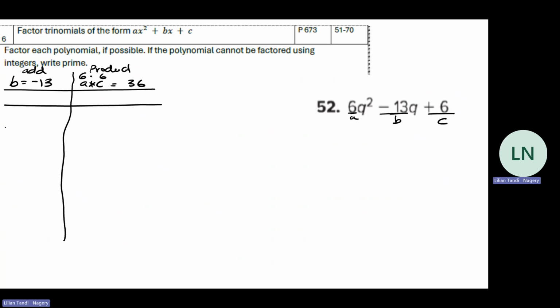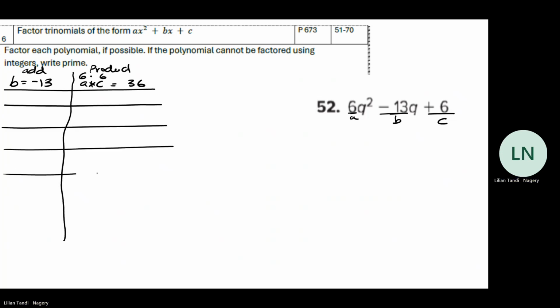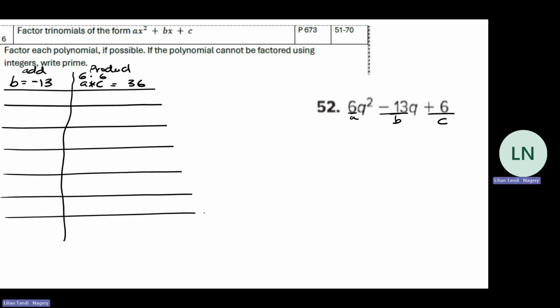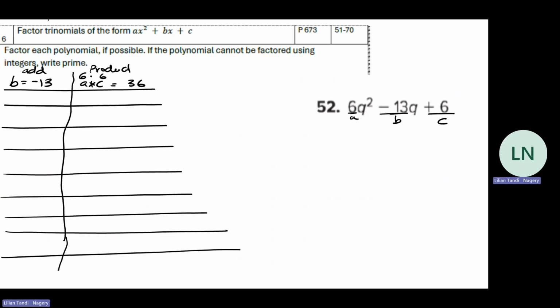Okay? Then you're going to find your numbers of 36 that when you multiply will give you, but the factors of 36 is what you're going to find here. Factors of 36, but they have to be negative because B is negative.